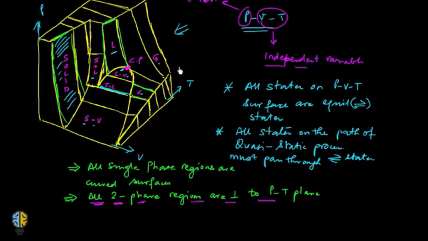If you look at this two-phase region and project it onto the pressure temperature plane, which is this plane behind all this, the surface viewed from this side would look like a single line on the PT plane.